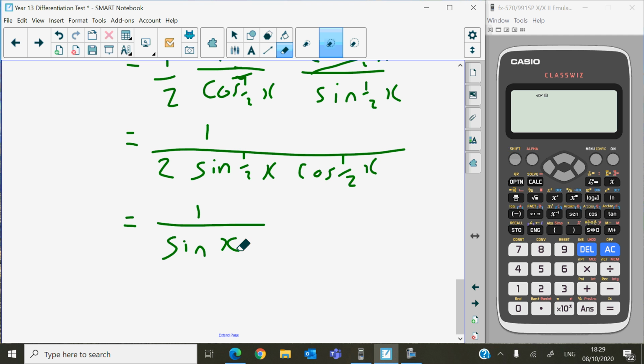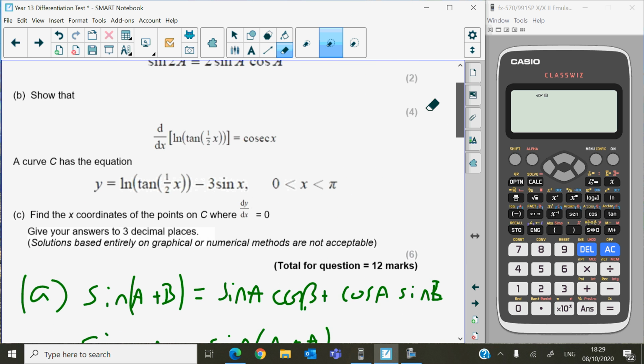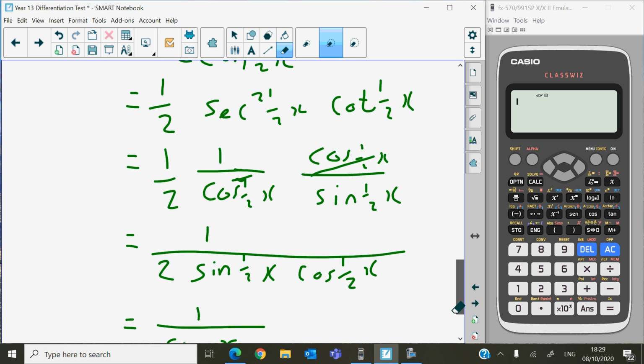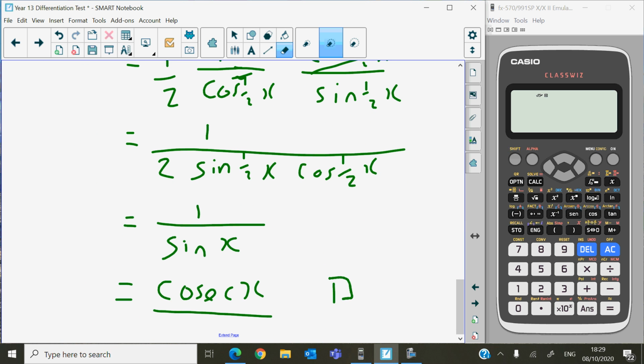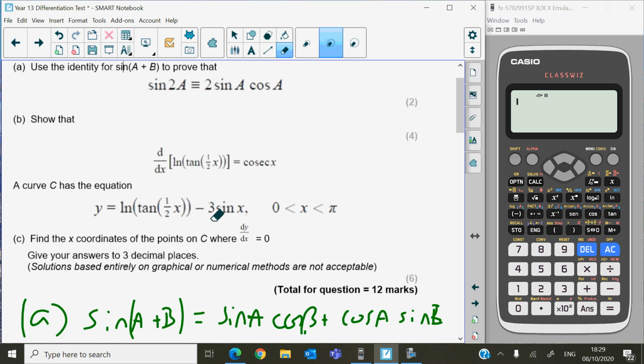Now 1 over sine x is cosec of x. And that is what we needed to prove. We needed to show that this was equal to cosec x. Okay, job done.